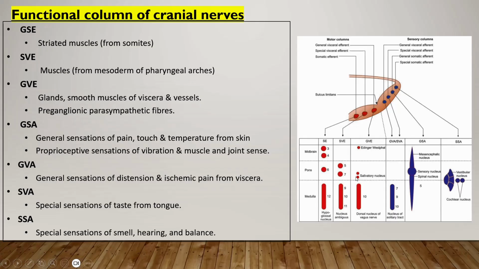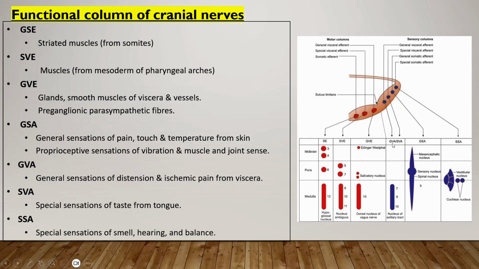Then the superior salivatory nucleus and inferior salivatory nucleus: the superior salivatory nucleus for the submandibular ganglion, the inferior salivatory nucleus for the otic ganglion, and the dorsal nucleus of vagus concerned with the 10th cranial nerve. Okay, so that parasympathetic ganglion is present close to the heart.